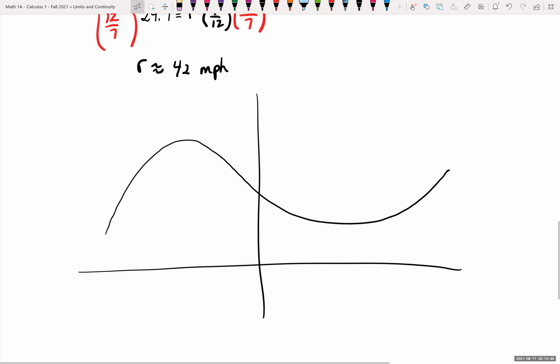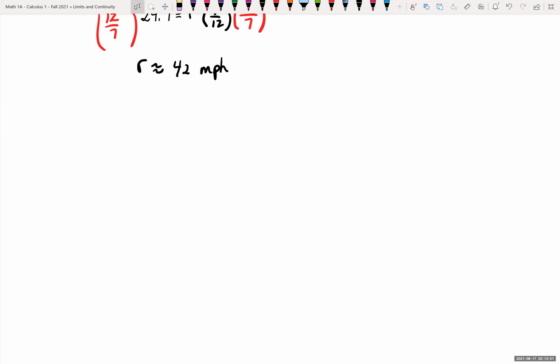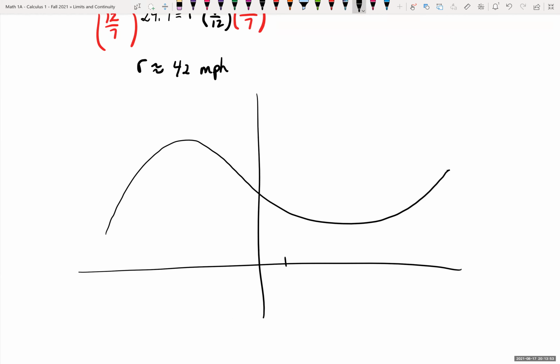Let's say that this is my x value a here, and my x value b here. And if I wanted to find my average rate of change, I'm finding the slope between these 2 points.